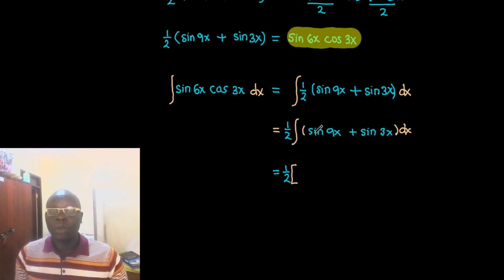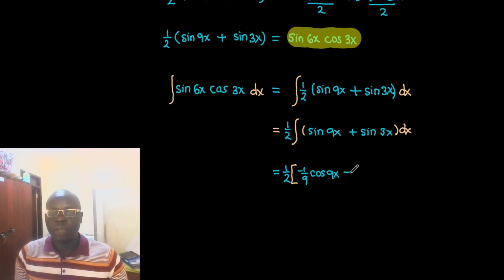So we know that the integral of sine is negative cosine. So we have negative 1/9 cosine of the same angle 9x.